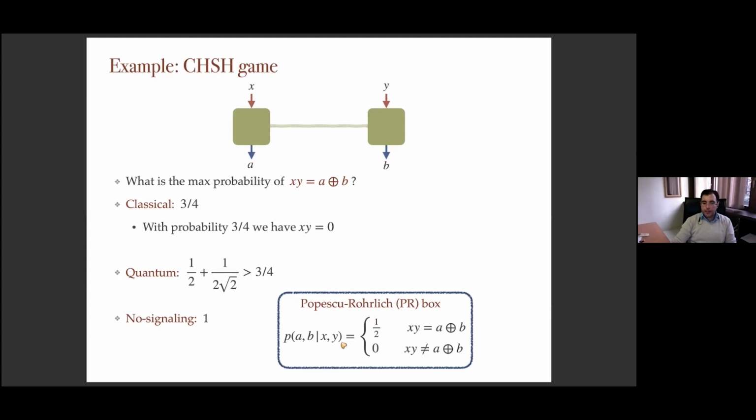The point is that if you fix X and Y, then A and B can take four cases: 0,0; 0,1; 1,0; and 1,1. And for 2 of these 4 cases, this equation holds. Put the uniform distribution over those 2 cases, and then take the probability of the other 2 cases to be 0.